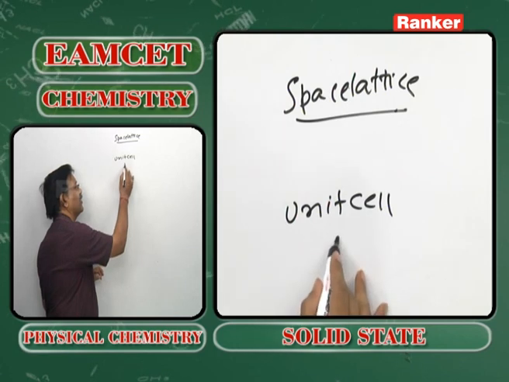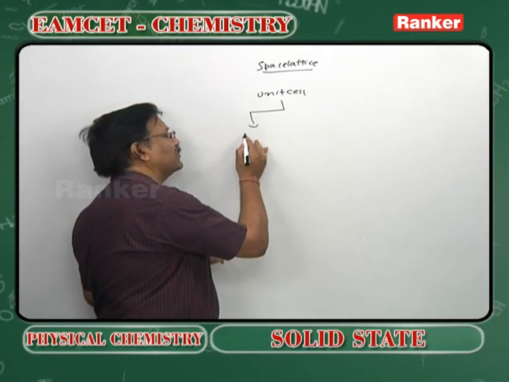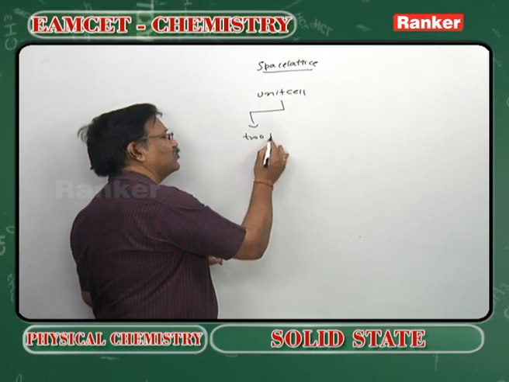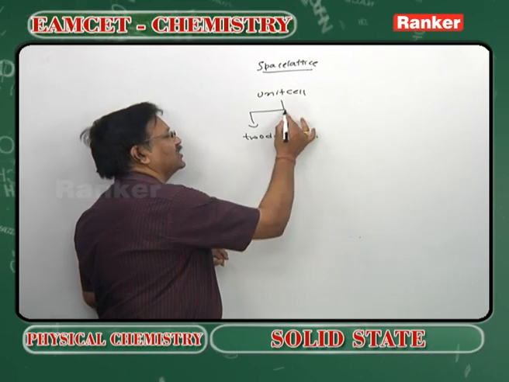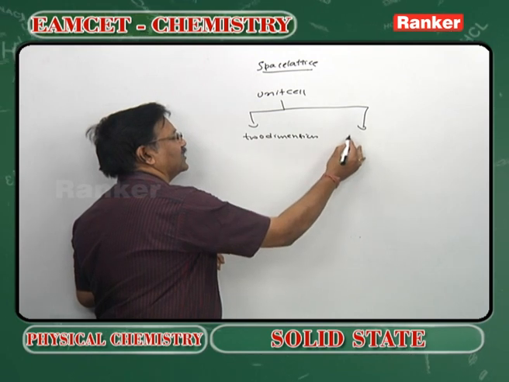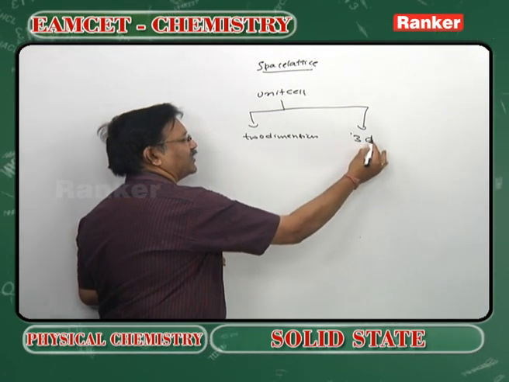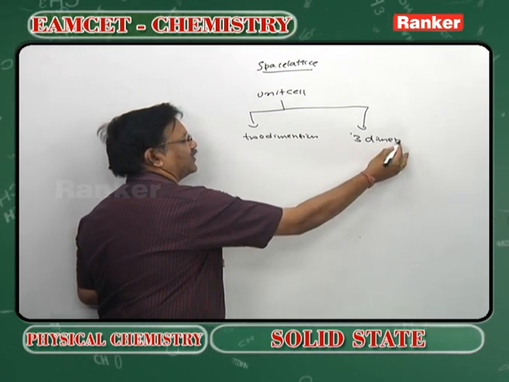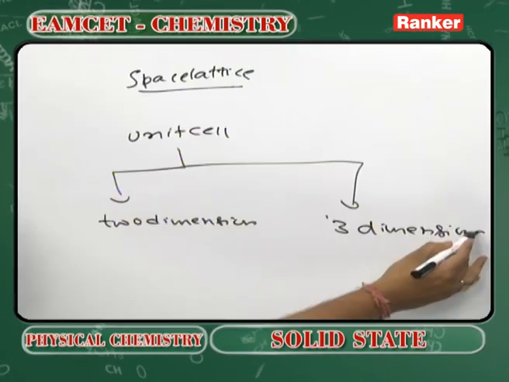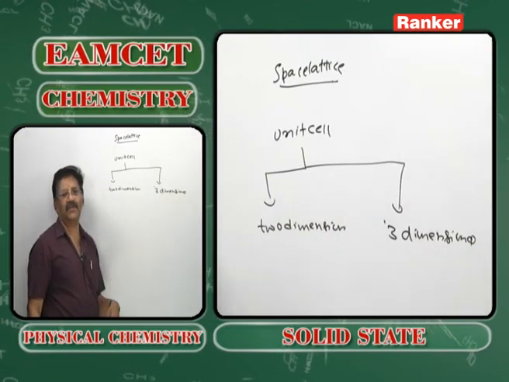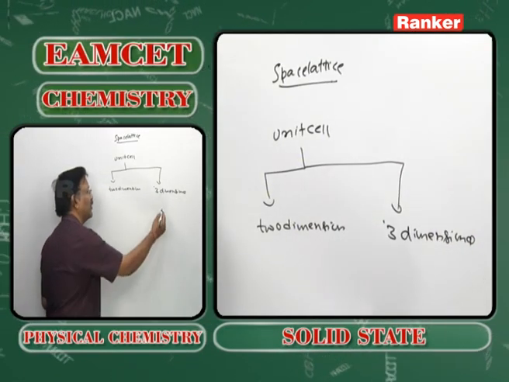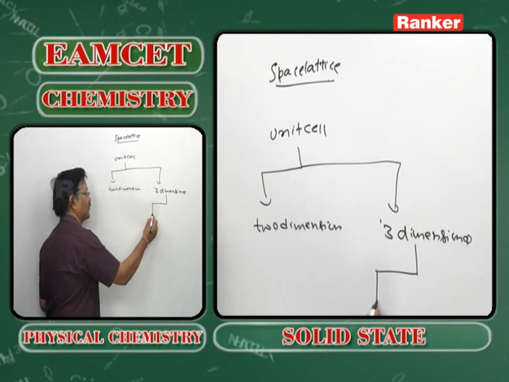We can have unit cells in a 2-dimensional region and a 3-dimensional pattern. Now in our present discussion we will mainly discuss the 3-dimensional unit cells. What are the important 3-dimensional unit cells we have?